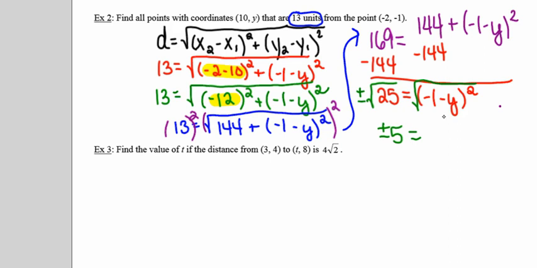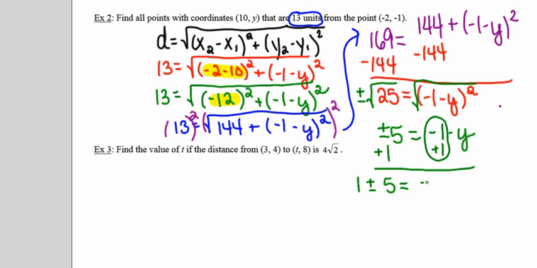The square root and the squaring undo one another, and I'm just left with -1 subtract y. I'm going to go ahead and add 1 to both sides. So on the left side, I end up with 1 plus or minus 5. On the right side, a -1 and a +1 are 0, so I end up with -y.